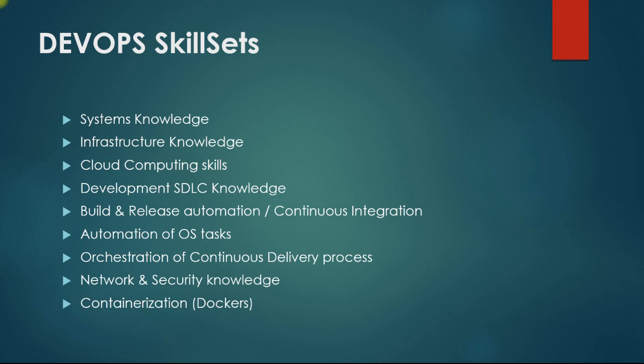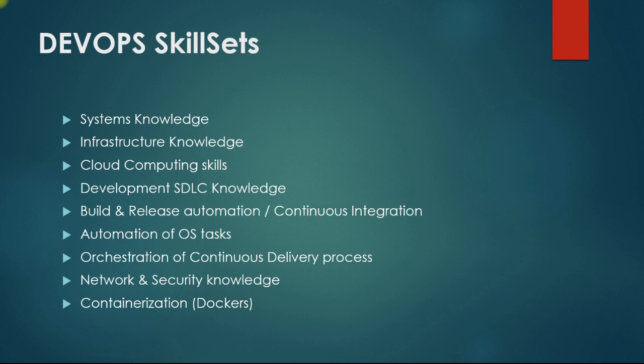See, now that you understood the gravity of the situation, what all do we need? What should we have in us to become a DevOps engineer or to perform in a DevOps project? First, you should have systems knowledge. If you are going to automate some process, you should know how to do it manually. First of all, you should know the operating systems.